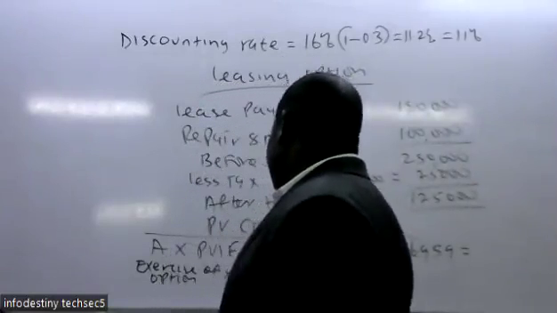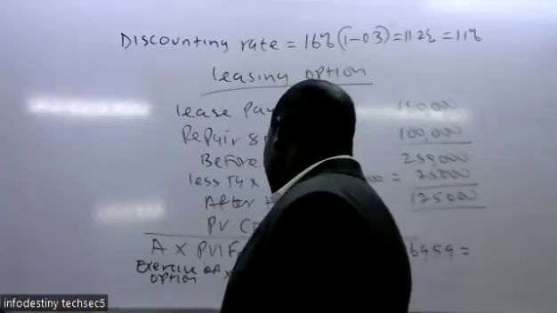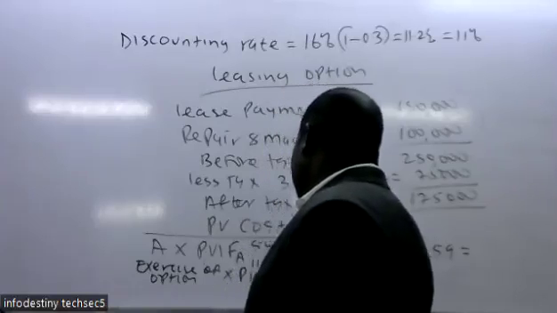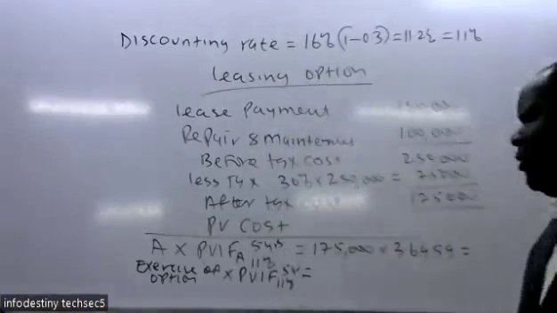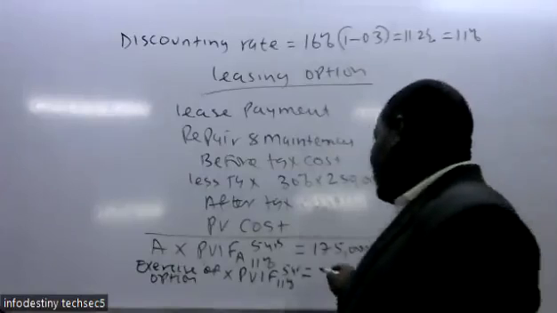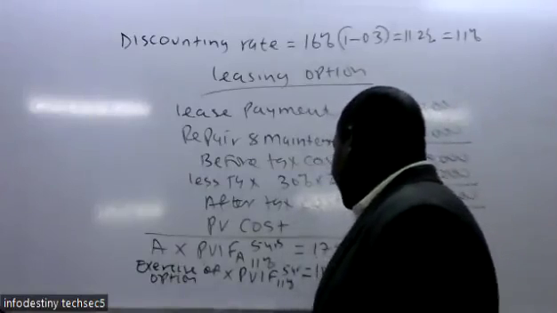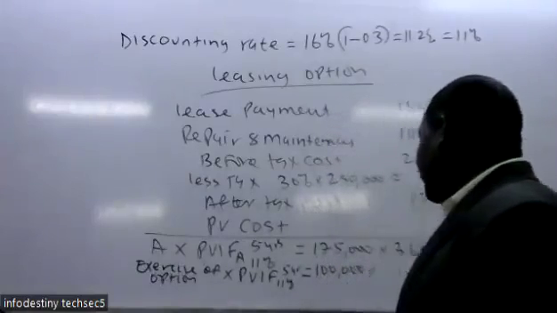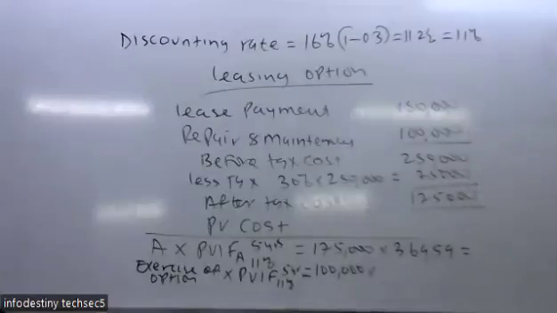You incur some cost at the end to buy the machine. They buy it at how much? So that is a capital expenditure. It's not normally taxed. So that figure of 100,000.